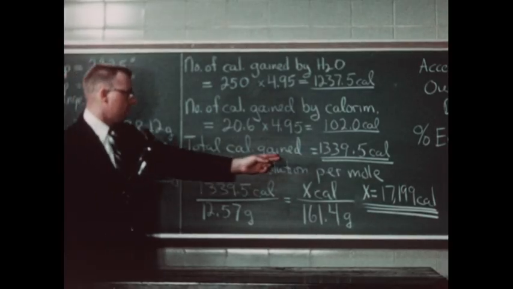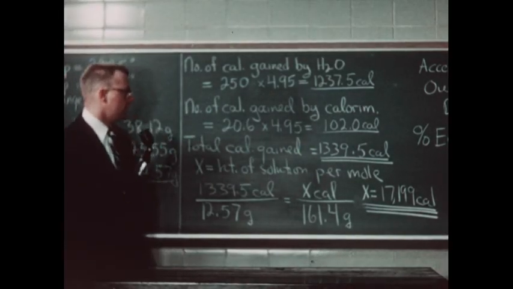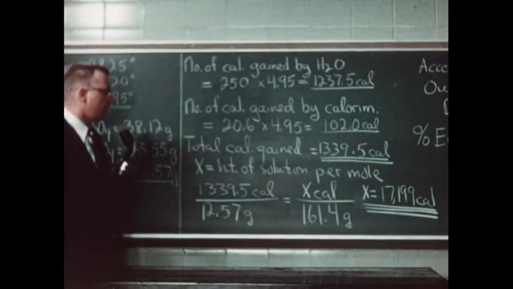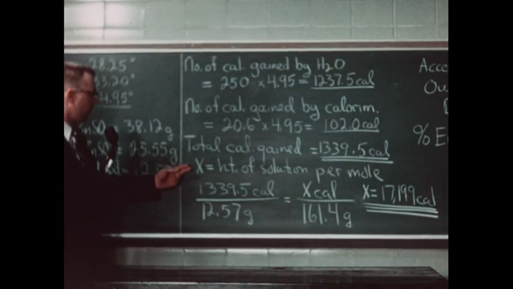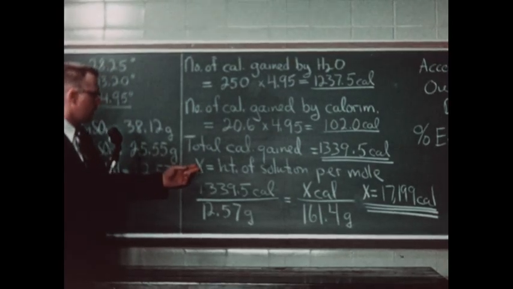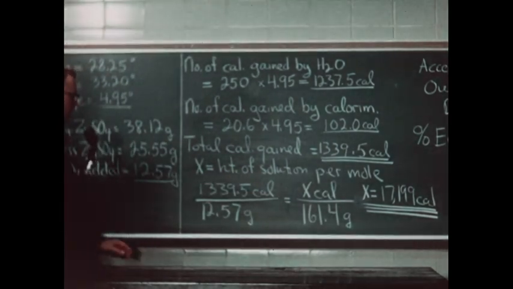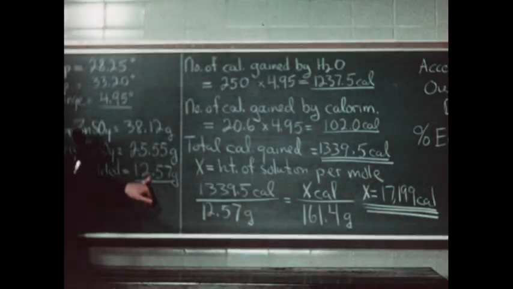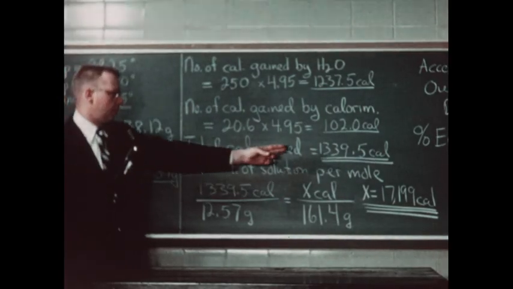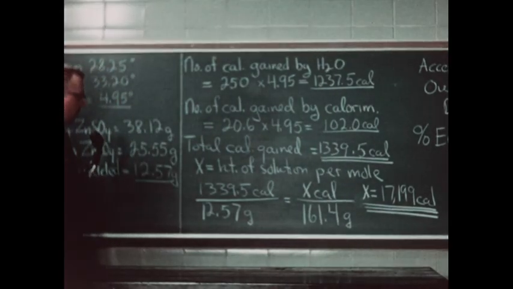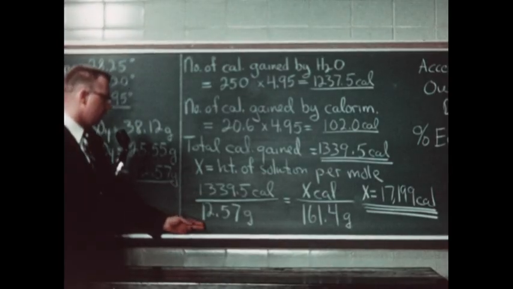Now, this value also equals the number of calories evolved when the zinc sulfate dissolved. And we need then to proceed to calculate the heat of solution of 1 mole of zinc sulfate, knowing that 12.57 grams evolve 1,339.5 calories. This involves a simple ratio.